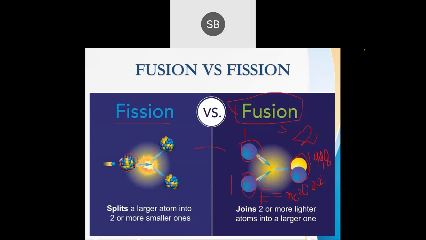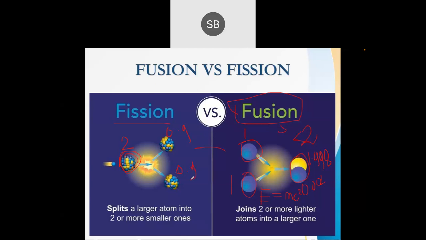So by using this equation, you can find out how much energy will be generated when we completely consume that much mass. So in fusion, the difference between the masses of the raw material and the product is converted into energy.